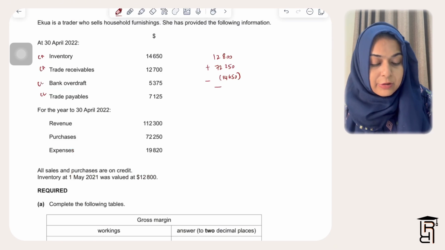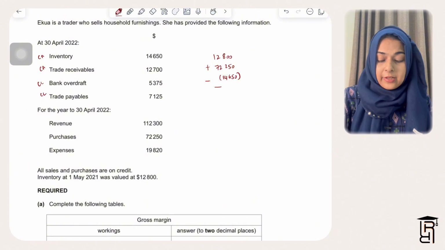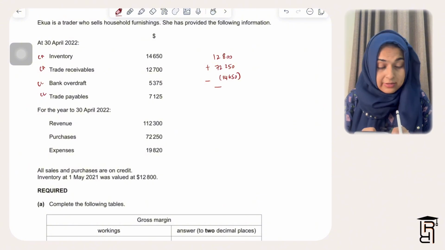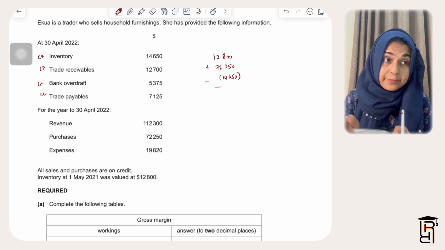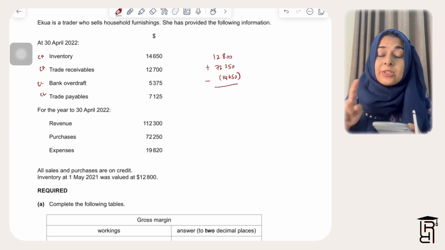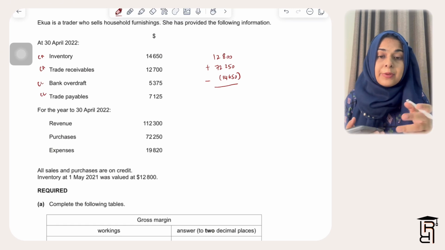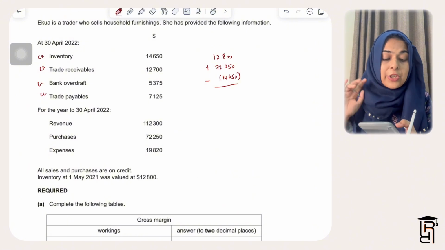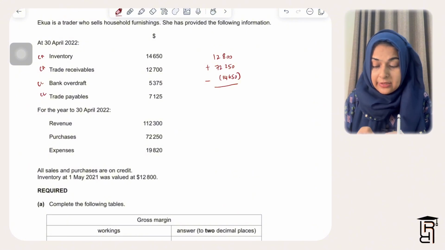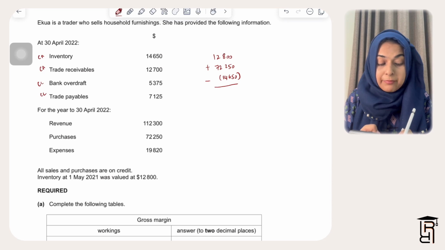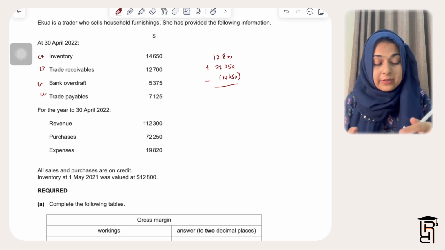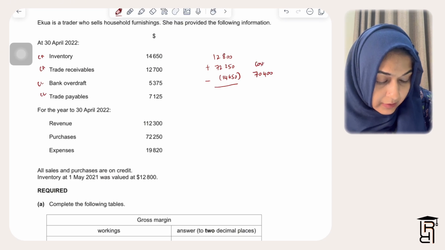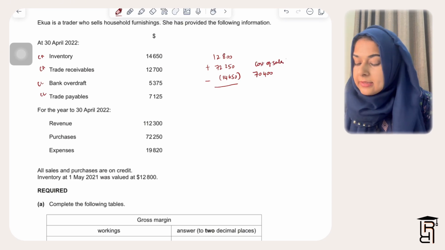Actually, the formula for cost of sales is opening inventory plus purchases plus carriage inwards minus purchases returns minus drawings of goods minus closing inventory is equal to cost of sales. But the simple formula is opening inventory plus purchases minus closing inventory, when you just have three things here. So 12,800 plus 72,250 minus 14,650 will give us 70,400. This is my cost of sales.